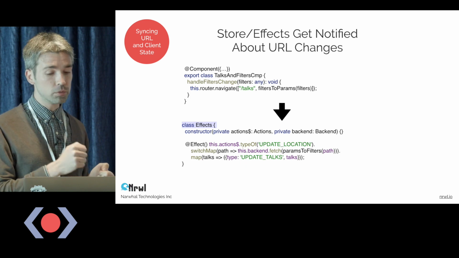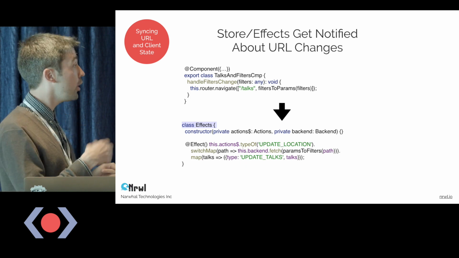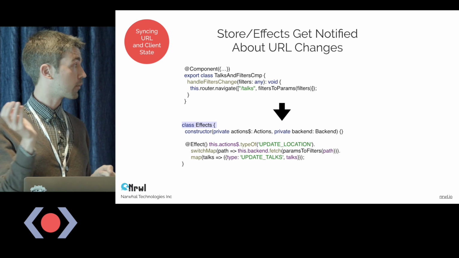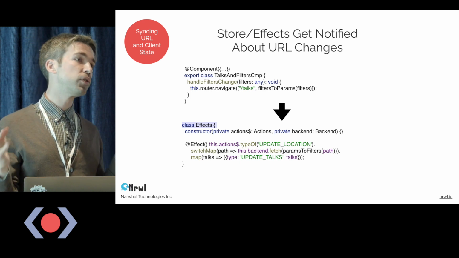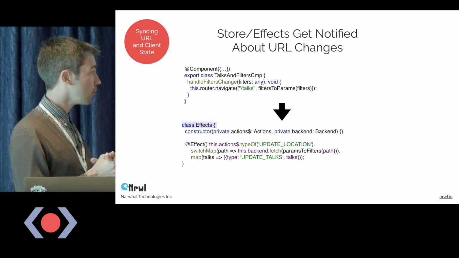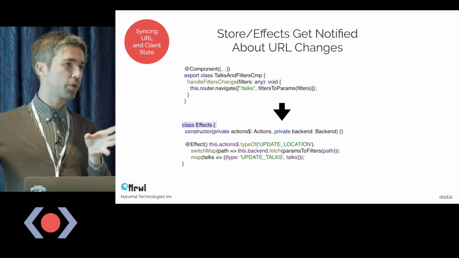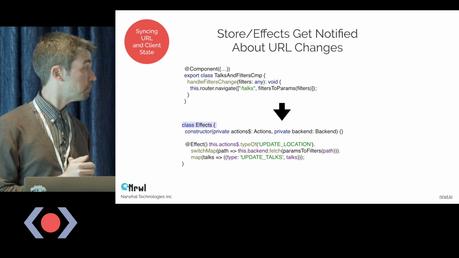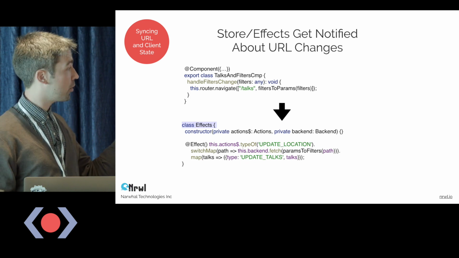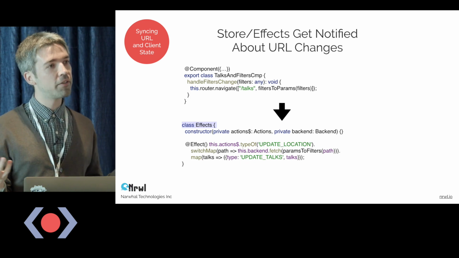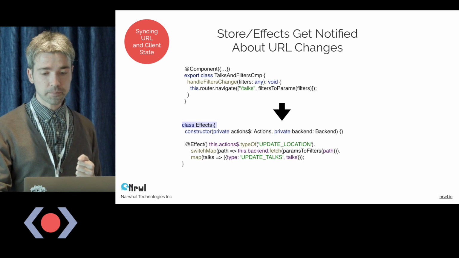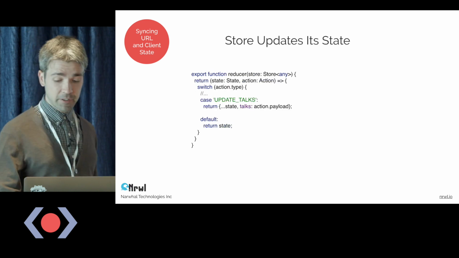It's going to listen to all location changes, and for each of them, it's going to invoke the backend to fetch the new list of talks. And then we're going to map it to a different action, update talks, with the set of talks fetched and probably parsed in some way. Note again that I'm using a switchMap over there, which means that I'm not going to have that race condition we discussed before. And that was the effects class.